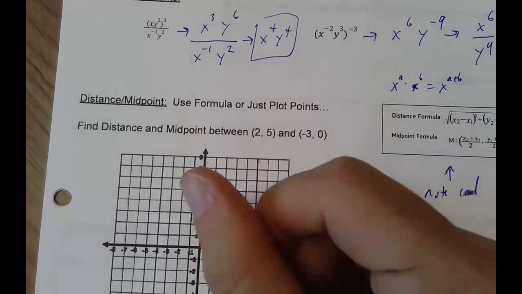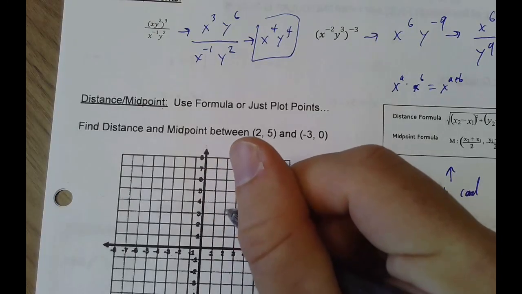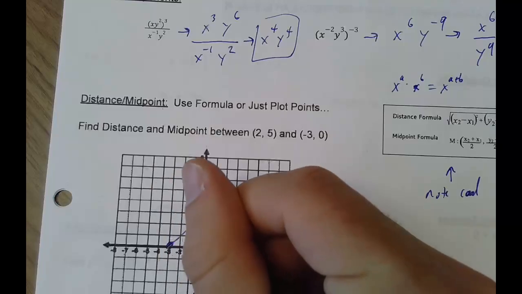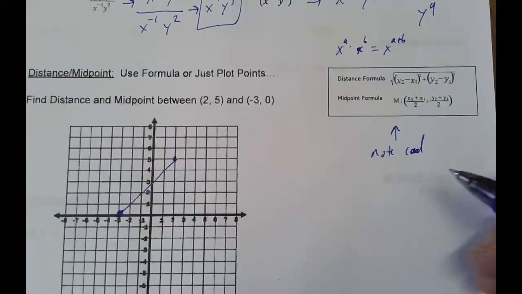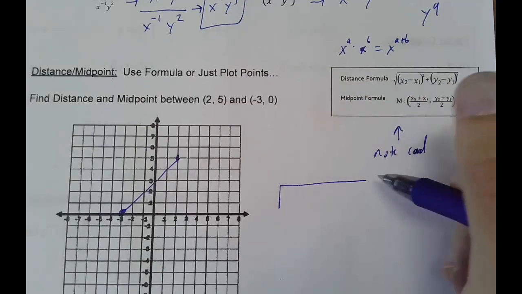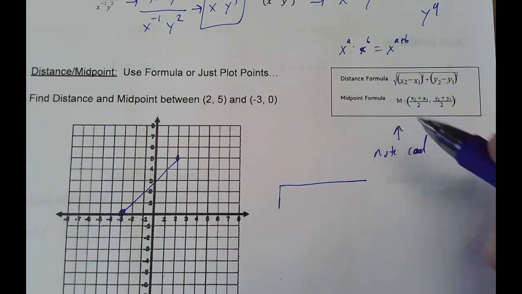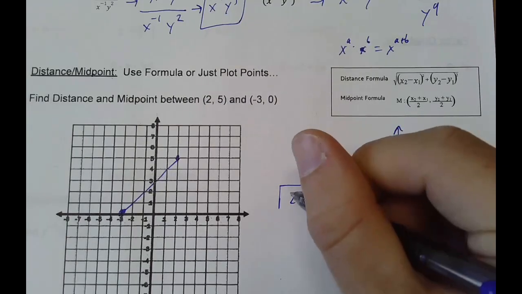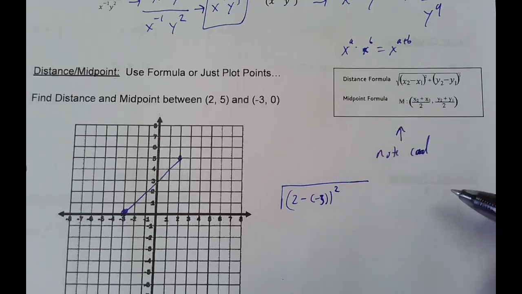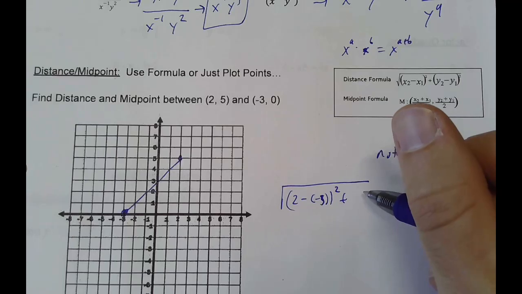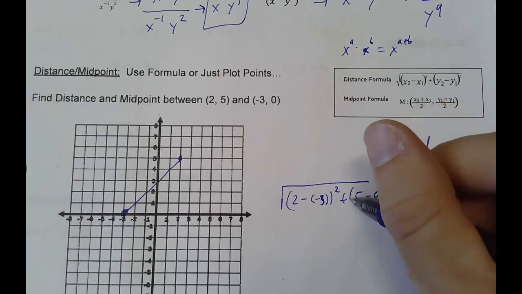Distance between (2, 5) and (negative 3, 0). So let's plot it: (2, 5), (negative 3, 0). We want the distance and the midpoint. So using our formula, the distance is going to be root of x, so 2 minus negative 3 squared plus 5 minus 0 squared.